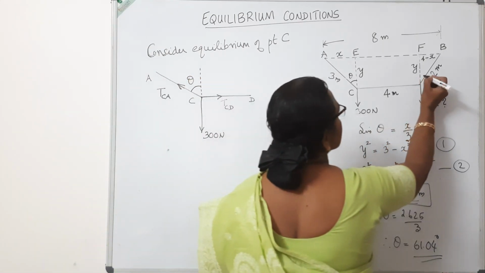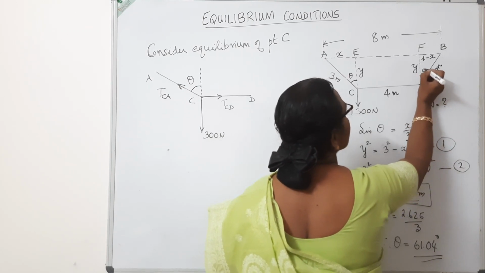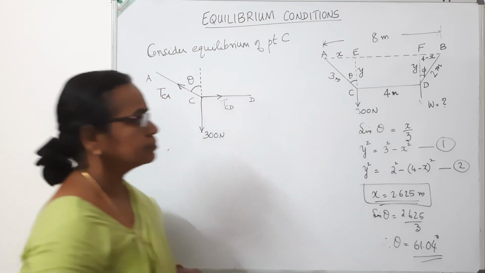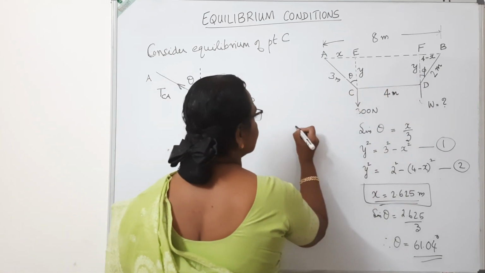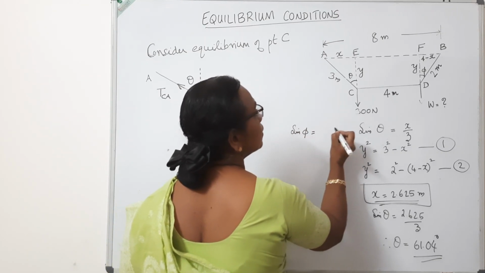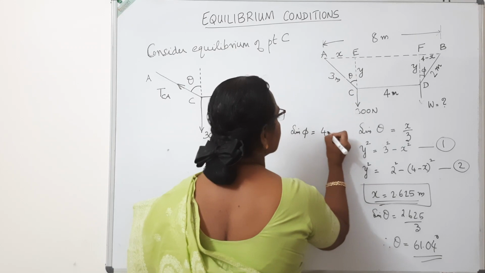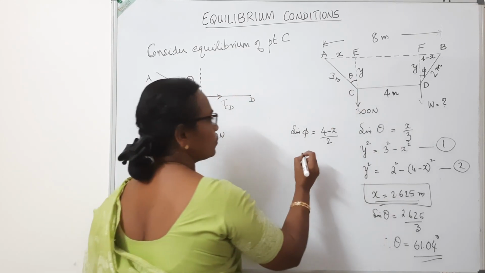Similarly, when you consider this joint, I want this angle also. Let it be phi. If that angle is phi, how will you find out phi? Sin phi is equal to opposite side by hypotenuse.